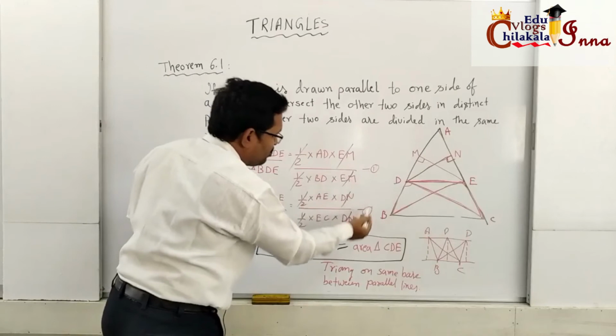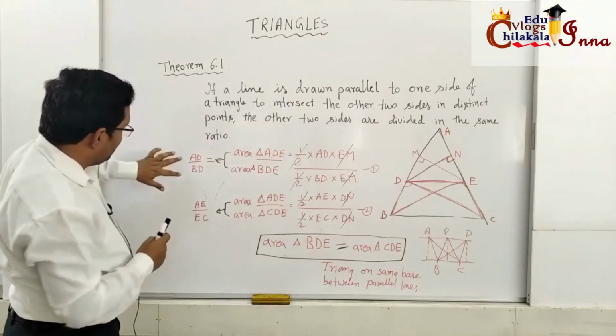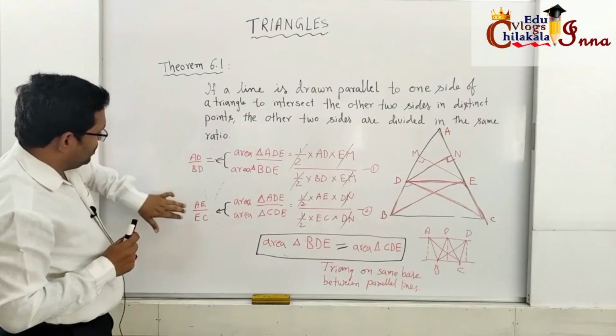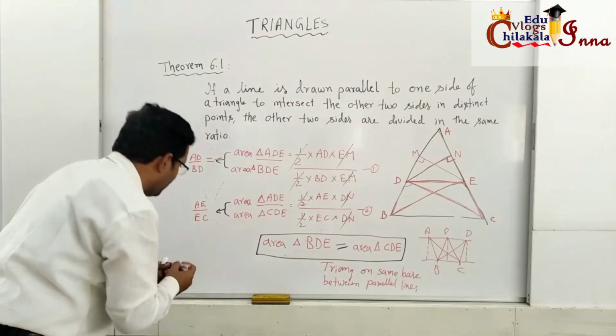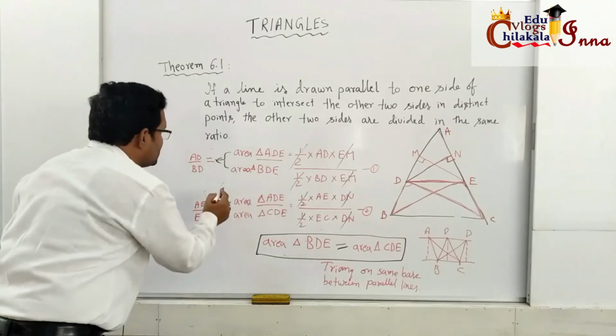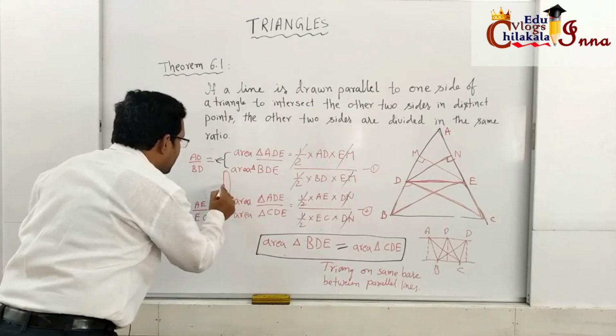That means equation 1 and equation 2 are equal. If the two equations are equal, then AD by BD is equal to AE by EC.